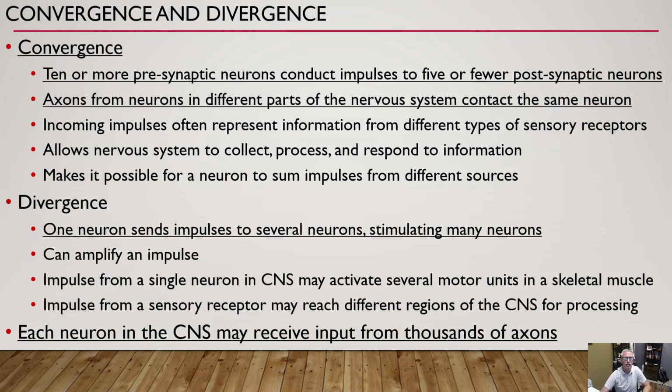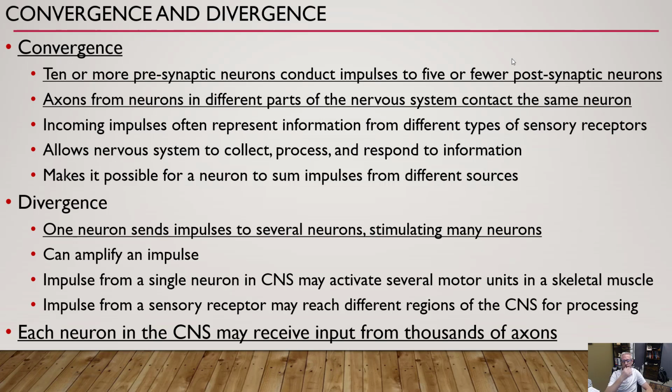All right, so far we've talked about one neuron, or a presynaptic and a postsynaptic neuron, in isolation. In reality, it's thousands of neurons that are communicating with thousands of neurons. We have these terms convergence and divergence.